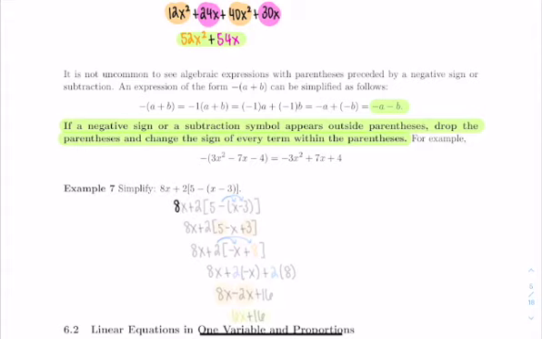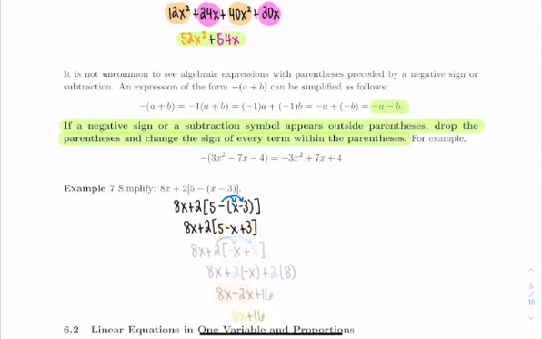So let me just go ahead and rewrite this. And so what we want to do first is we are going to drop the parentheses and change the symbols inside. So we have 8x plus 2 times [5. We're going to end up with minus x and plus 3].